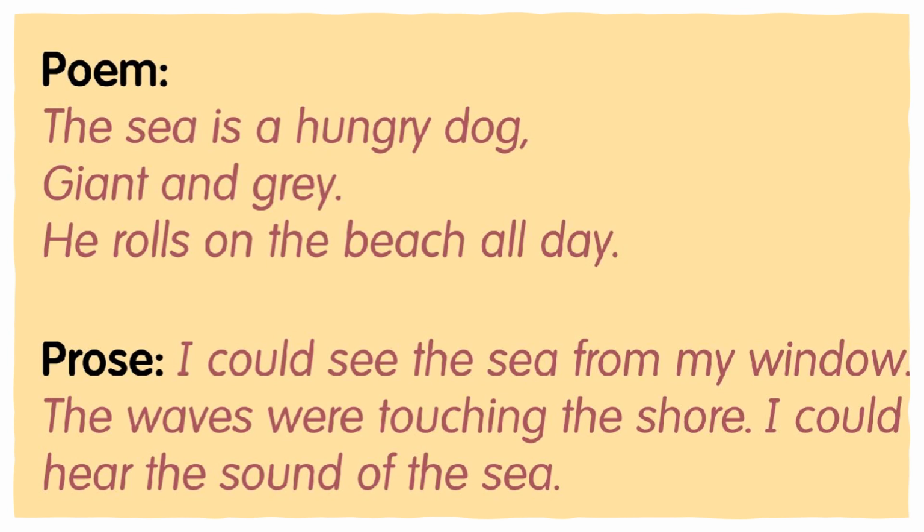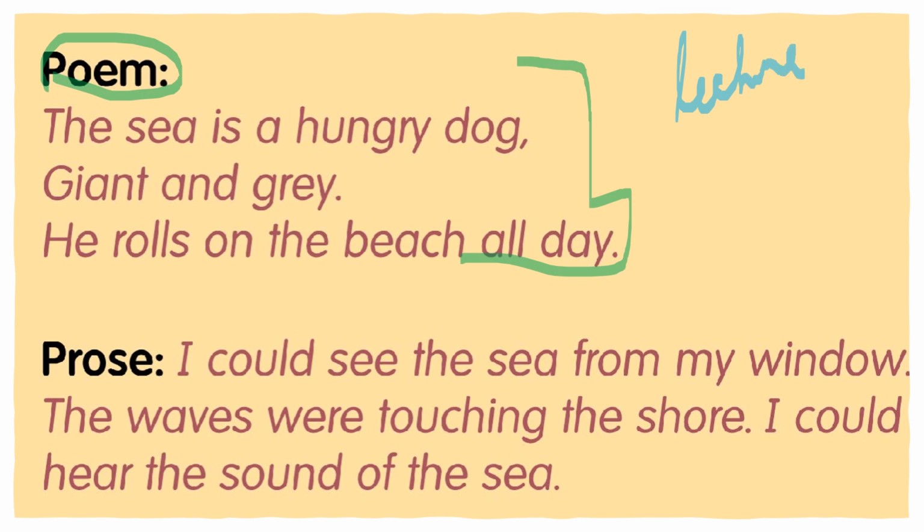Now, there's one more thing that we need to understand, that these are the lines which are taken from the poem. The sea is a hungry dog, giant and grey. He rolls on the beach all day. What is the poet doing here? He has used a technique to make the writing interesting.